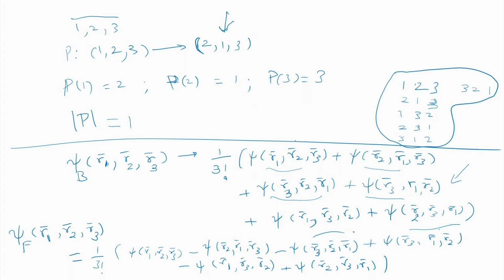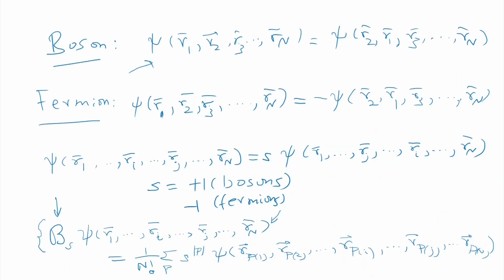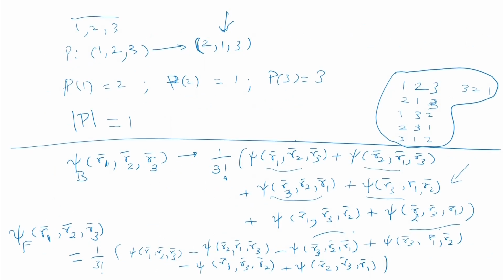Okay, so that's the whole idea. Now this particular simple example was simply to convince you of the utility of this operator, namely the symmetrization operator or the anti-symmetrization operator, as the case may be. So the utility of this has been clarified through this example.